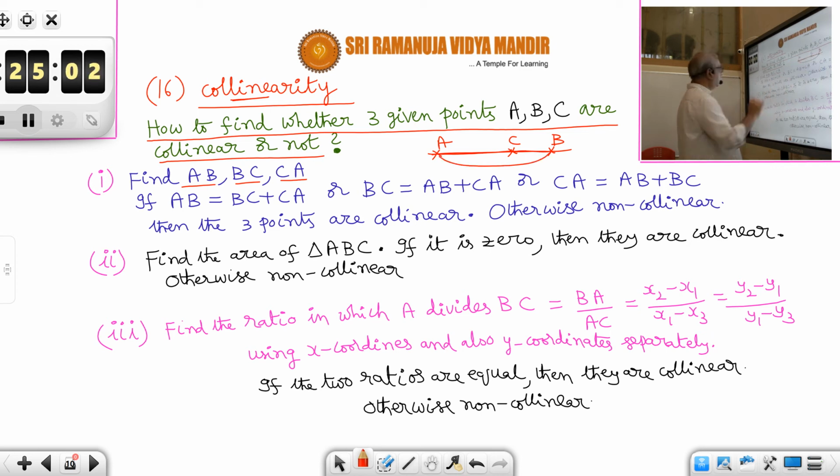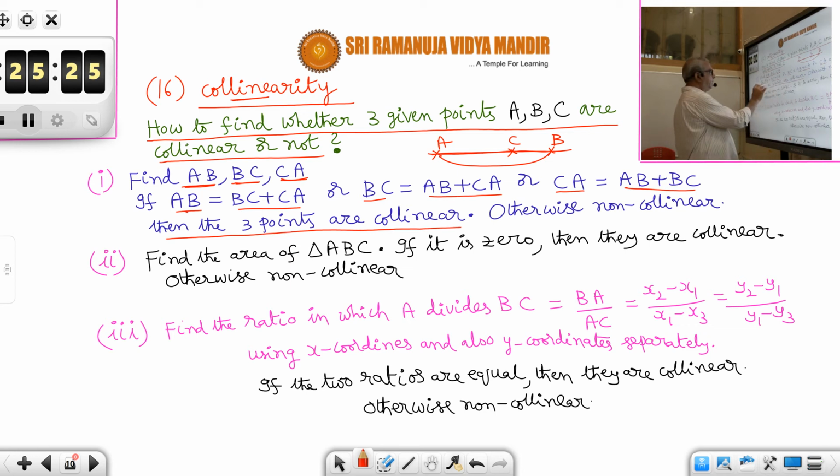So that is one test. Find the distances AB, BC, CA. If AB is equal to BC plus CA, or BC is equal to AB plus CA, or CA is equal to AB plus BC, then it implies that the 3 points are collinear.